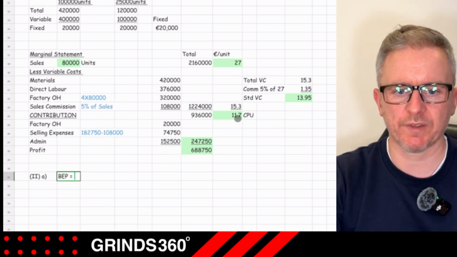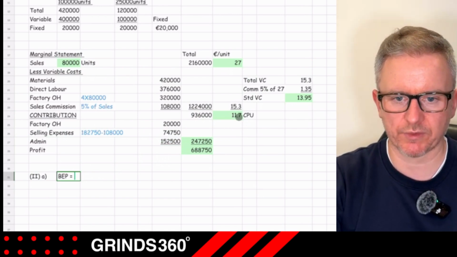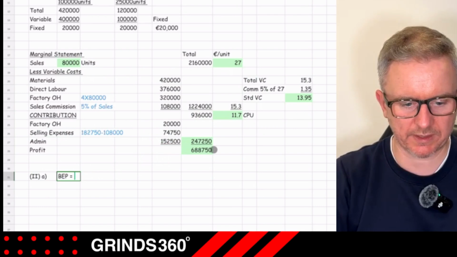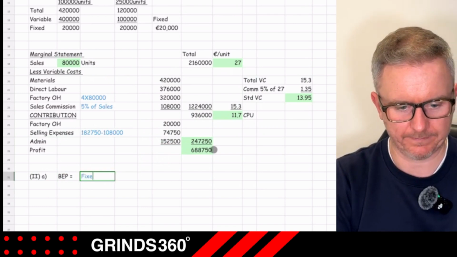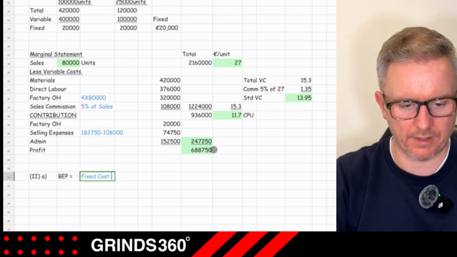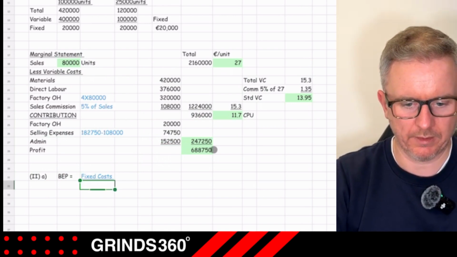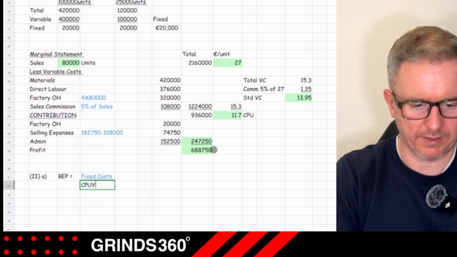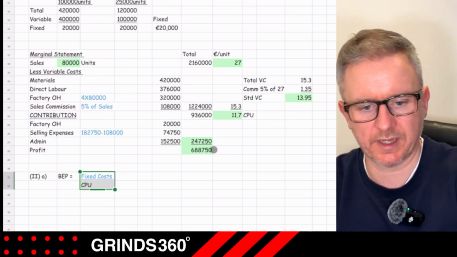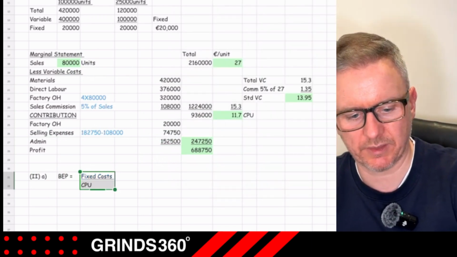So if every unit I sell brings in €11.70, all we're going to do is take the fixed costs and divide them by the CPU. That's your formula, okay? So you take your fixed costs and you divide by the CPU.